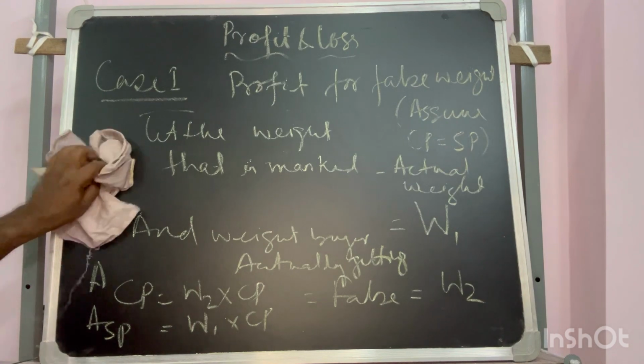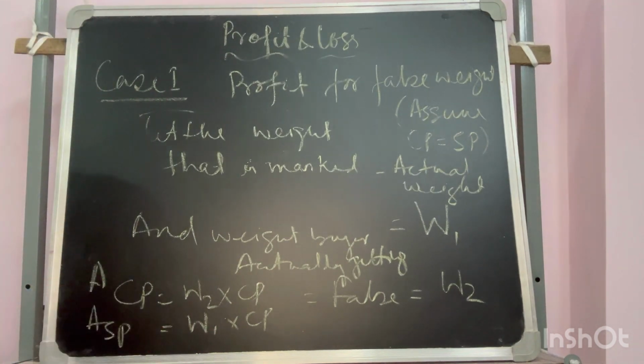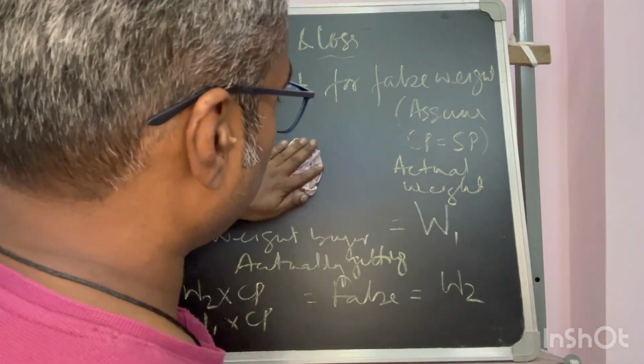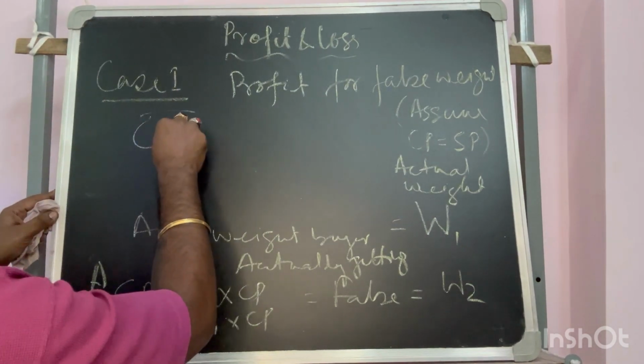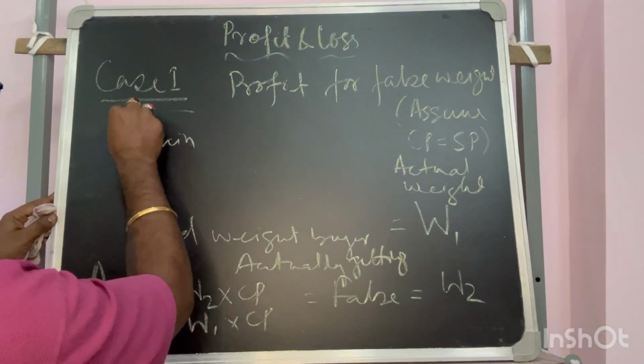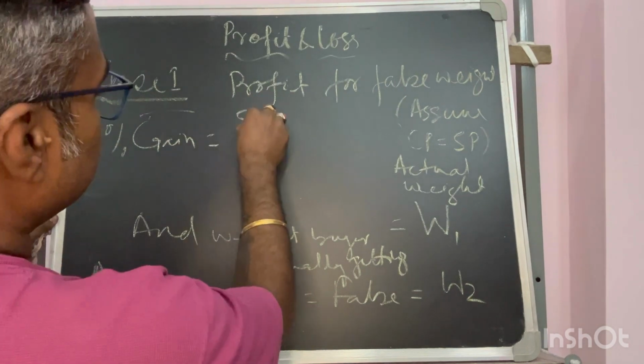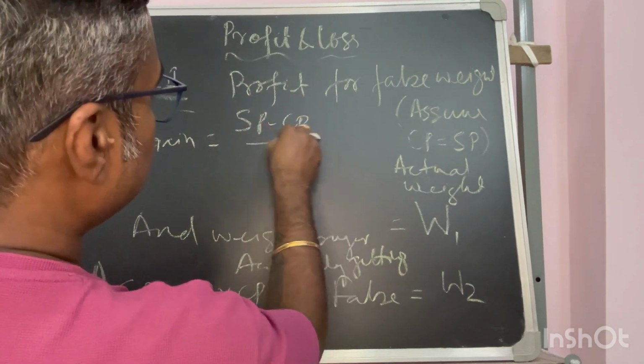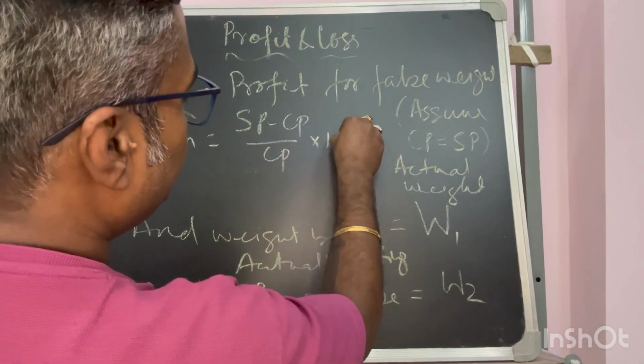So from there, if we put it in an equation, what is the gain? If it is in percentage, it is equal to (SP minus CP) by CP into 100.